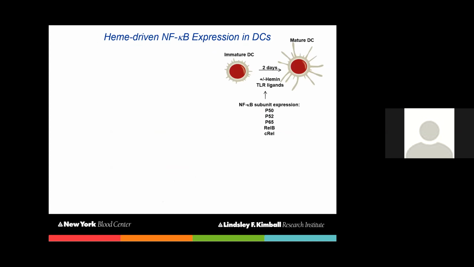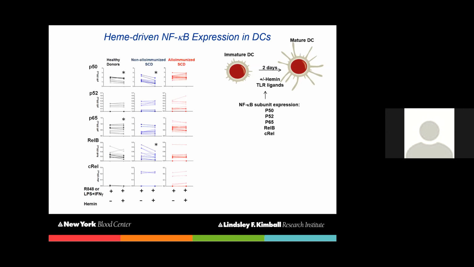Another thing is that toll-like receptor signaling ends in NF-kappa B. This is just the pathway, and NF-kappa B then induces a number of pro-inflammatory genes. So we asked, does this heme effect down-regulate the NF-kappa B transcription factor? The reason we went there is that the CD83 promoter has a bunch of NF-kappa B binding sites, so we were curious.